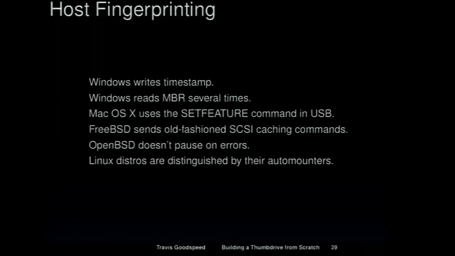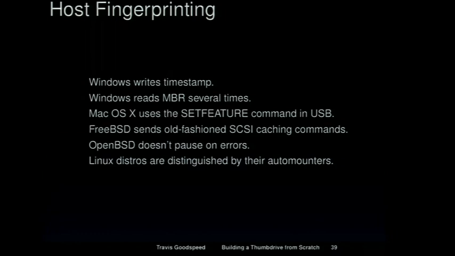You can also do host fingerprinting. Windows writes timestamps. This timestamp is only done by Windows and is easy to identify. Windows also reads the master boot record 9 times. No one else has replicated that bug, so no one else reads it 9 times. A Mac can be easily identified by the set feature command in USB, which a Mac will use during initialization.